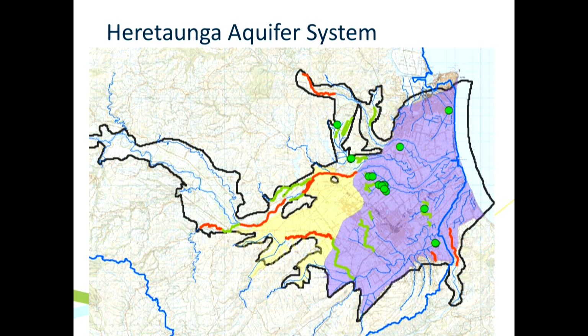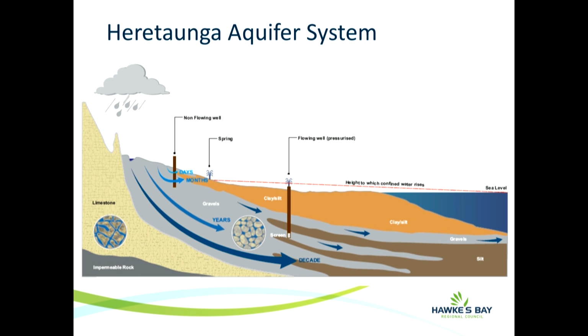Most of the recharge in the Heretaunga Aquifer system comes in this losing reach here, where water is lost from the Ngaruroa River and travels throughout the aquifer system before discharging out to sea. If we take a cross-section of the aquifer system, we have the hills up here, and rain falls on the hills, and also on the unconfined area where recharge occurs, but as I said, most of the recharge is from the river.